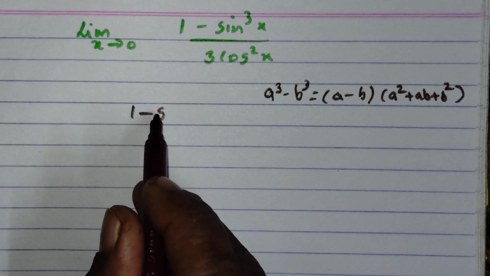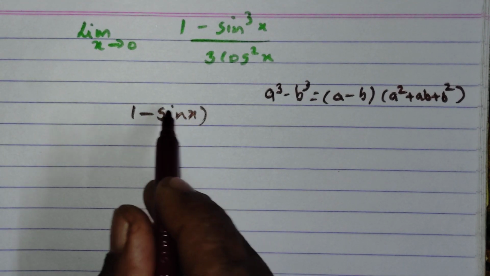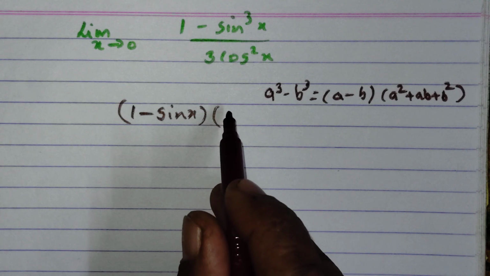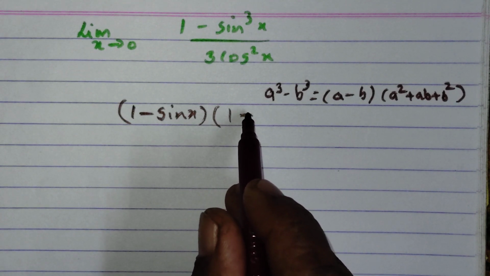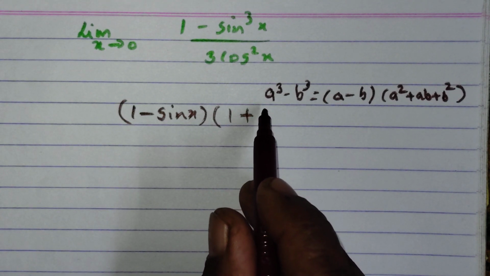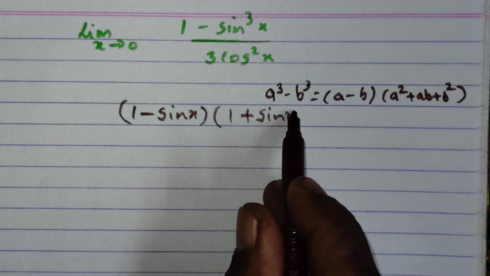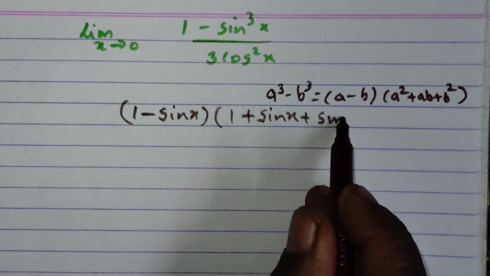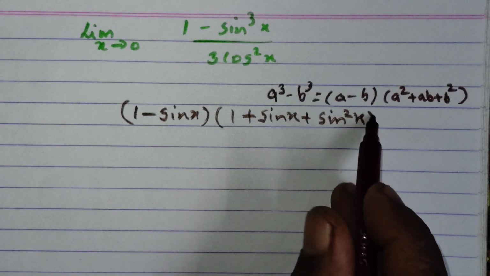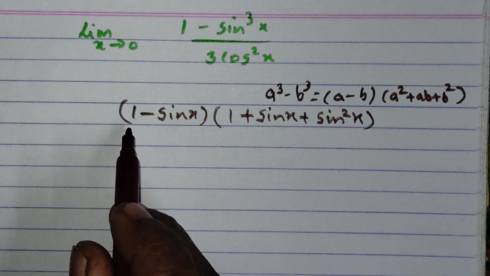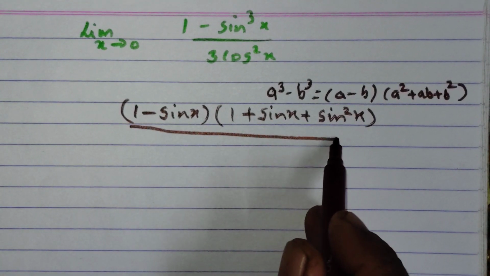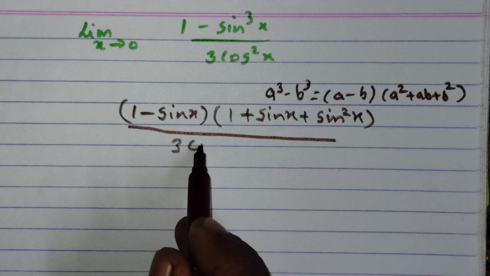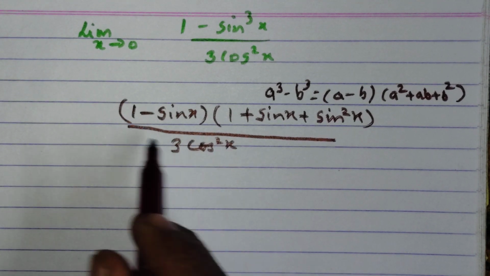So 1 minus sin x in the first bracket, in the second bracket 1 plus sin x plus sin square x. According to this identity we split the numerator, and in the denominator 3 cos square x is written as it is.